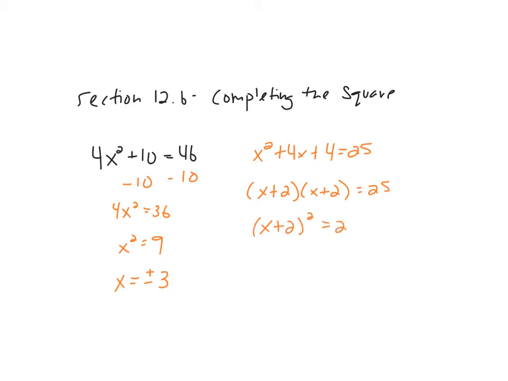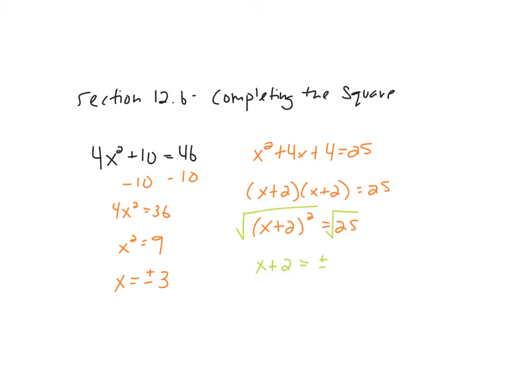squared equals 25. This is the same thing as having just a variable squared like we did before, so I can take the square root of both sides. This becomes x plus 2 equals positive or negative 5, since the square root of 25 is 5.